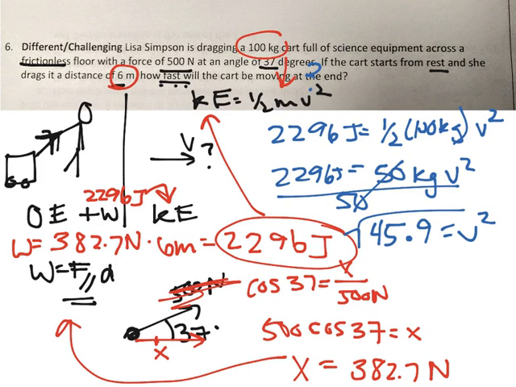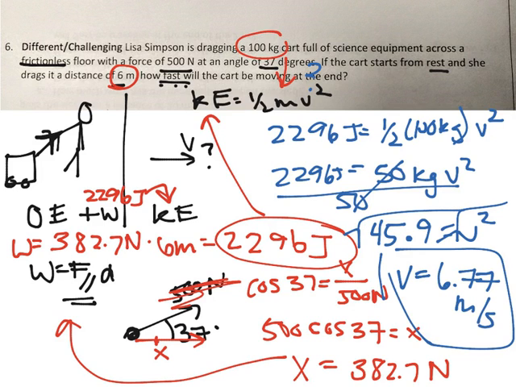Square root of both sides, and you get the velocity to be 6.77 meters per second. So that is how fast the cart will be moving. Side note, since you know the cart starts from rest, that's how you know that this is 0. I realize I might not have explained this.